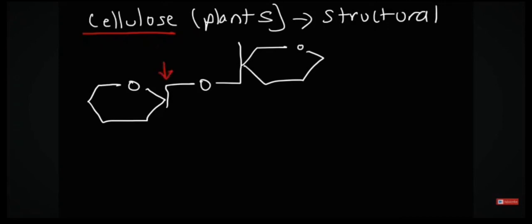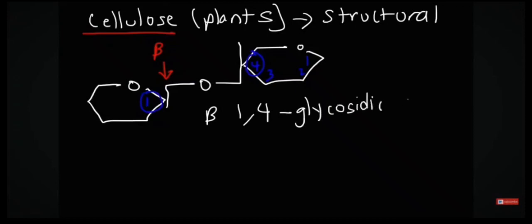So cellulose links up the glucose units by means of beta 1,4 glycosidic bonds. So that is what we need to know regarding cellulose.